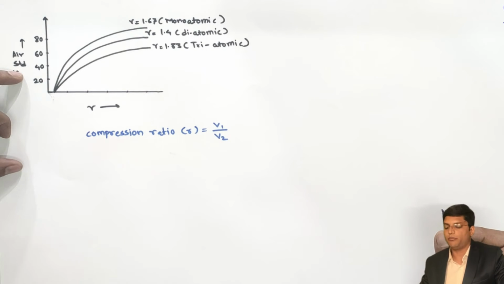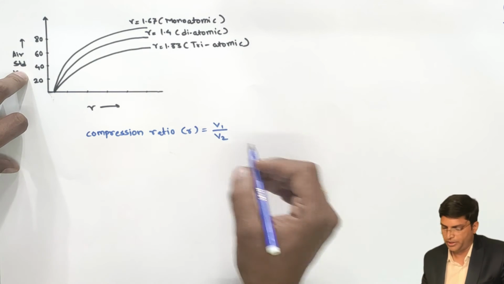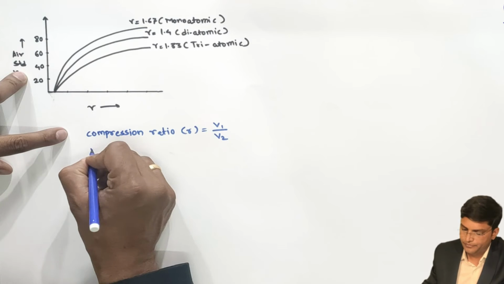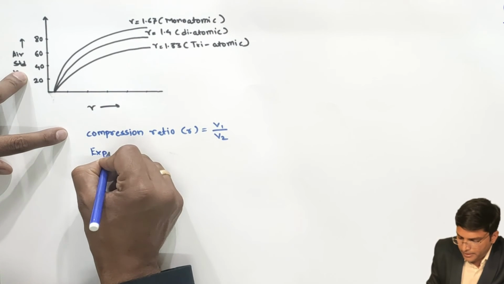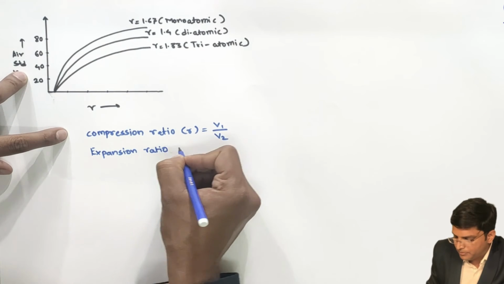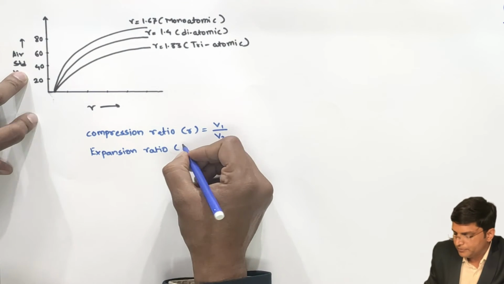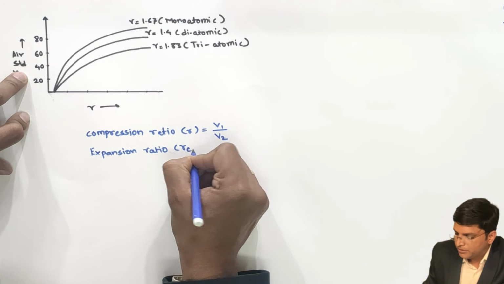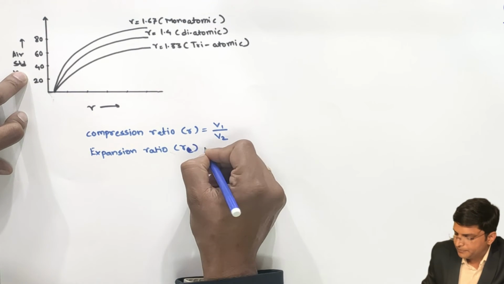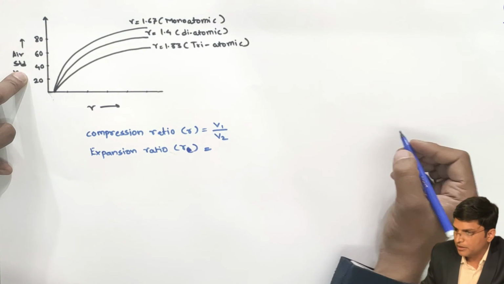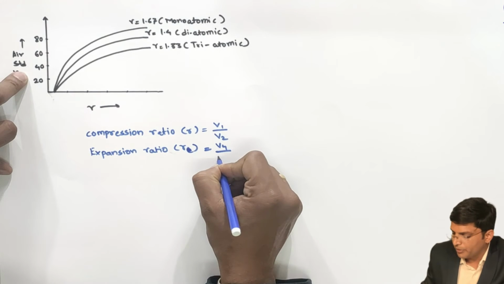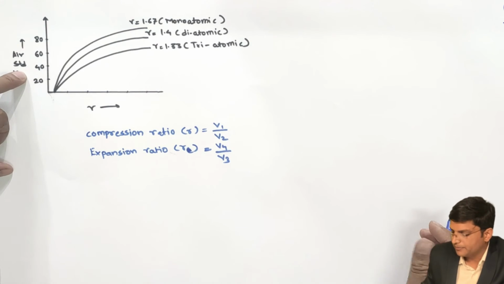The volume compressed from state 1 to state 2 is denoted by V1 and V2, and the expansion ratio, denoted by small re, is equal to V4 upon V3.